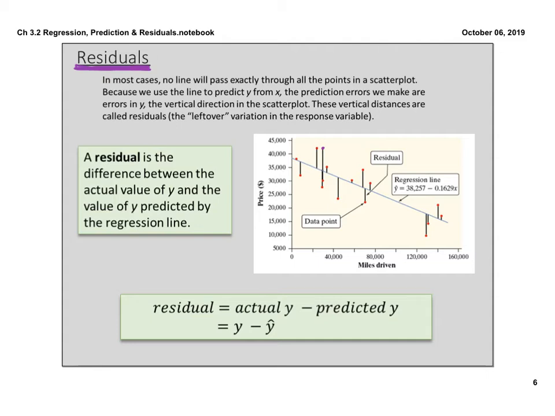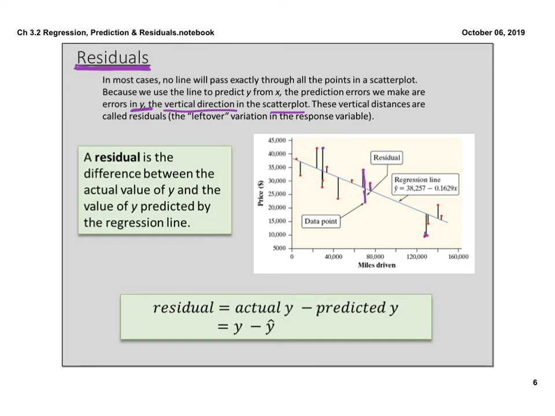Okay, so it says in most cases, no line will pass exactly through all the points in the scatter plot, obviously, because data is raw and messy. Because we use the line to predict y from x, the prediction errors we make are errors in y, the vertical direction in the scatter plot. So we speak in terms of y because y is what we're using to predict.